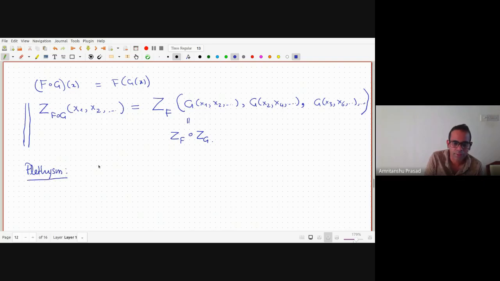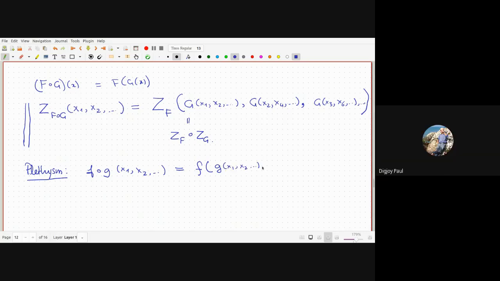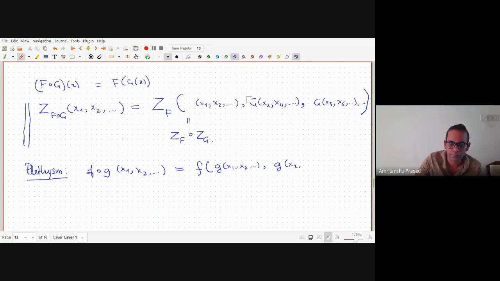What we are saying is that we want to make sense of F circle G of x1, x2. Inside is Z_G of x1, x2. And from this you can calculate G tilde.